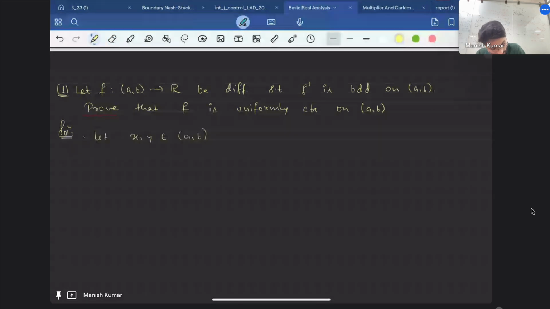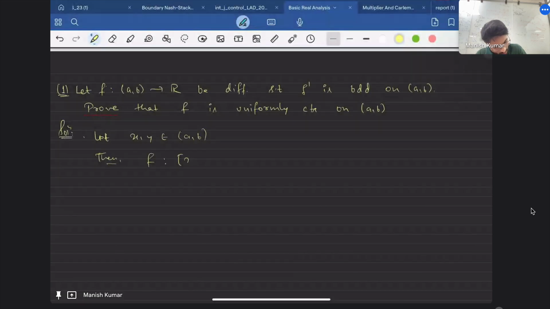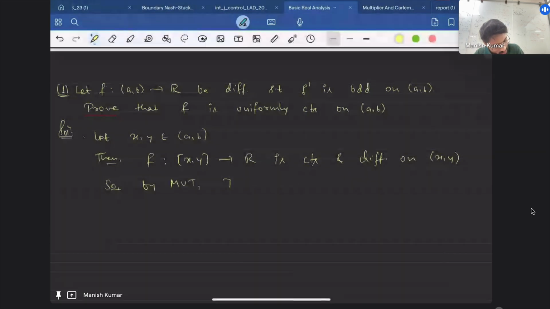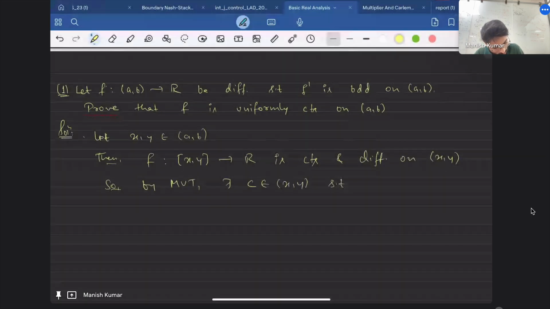x, y belong to this interval AB. Then the function f from [x, y] to R is continuous and also differentiable on the open interval (x, y). So by the mean value theorem, there exists some c in (x, y) such that f of x minus f of y upon x minus y is equal to f prime of c.